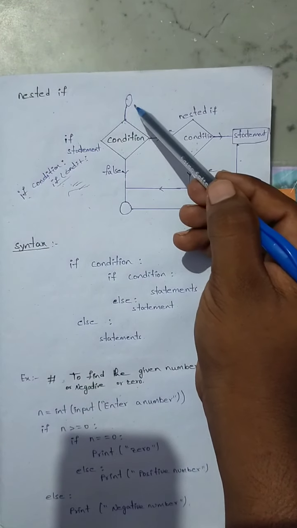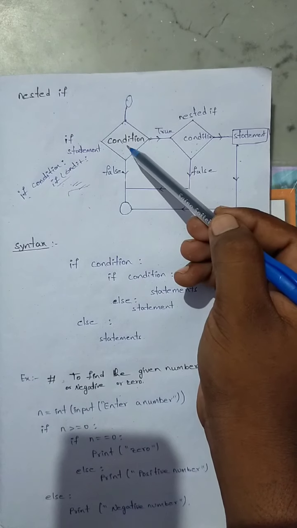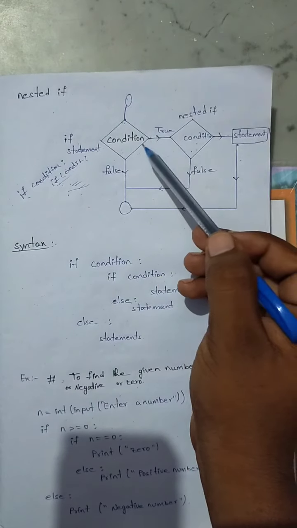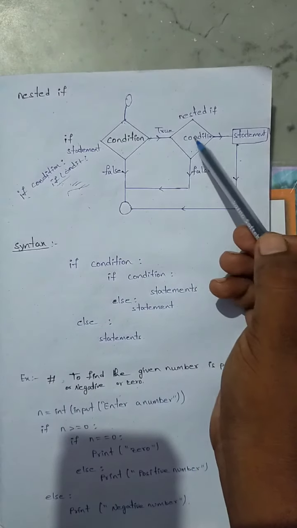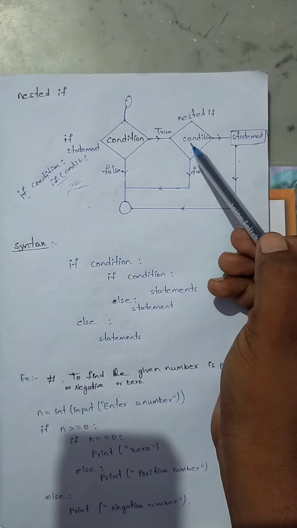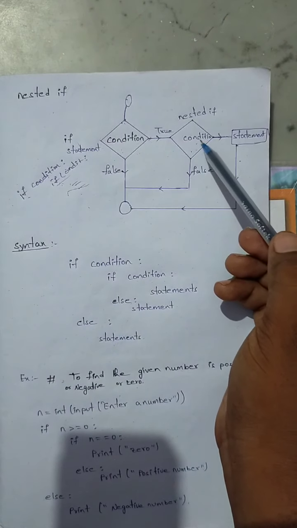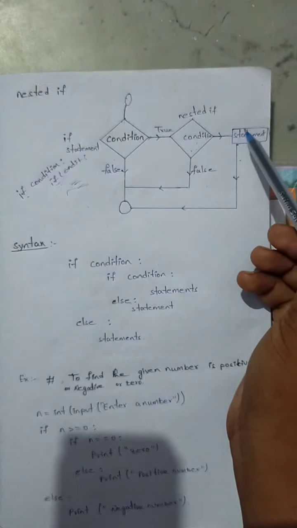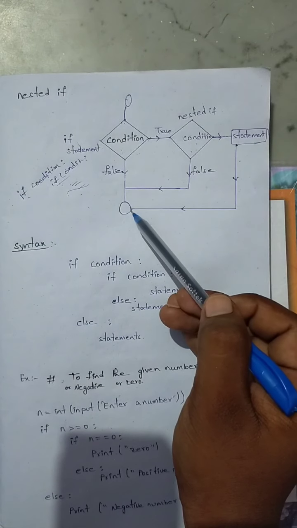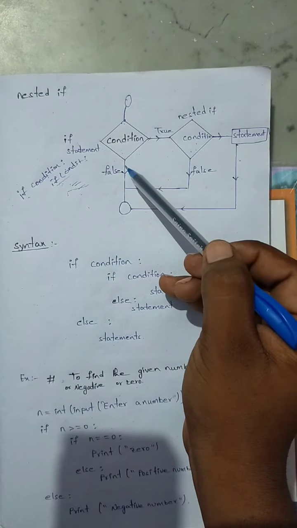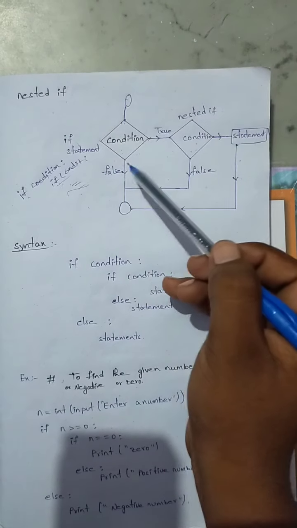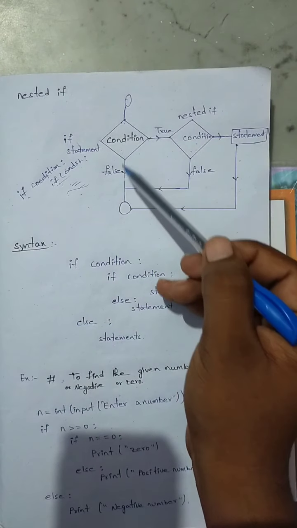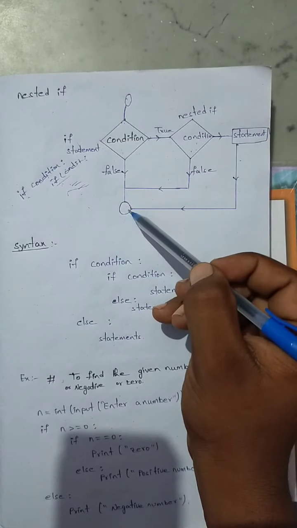Here is the flowchart. If the condition is true, then it comes to the nested if. If this nested if is true, then execute the statements and go to the end. If the condition is false, then the inner if is not executed and it comes to the else block.